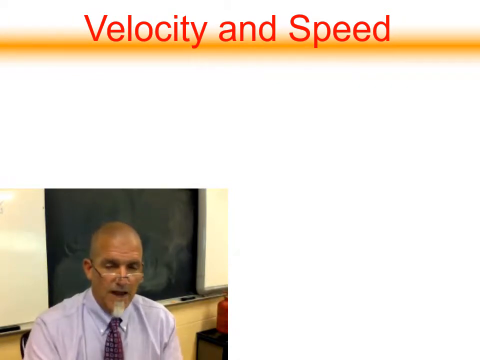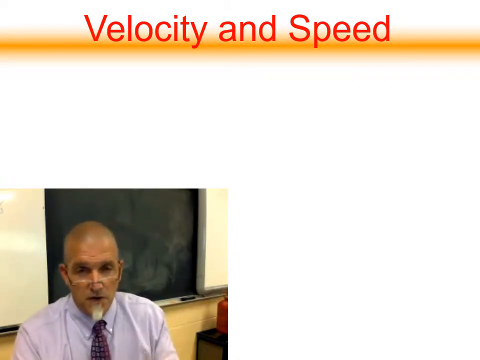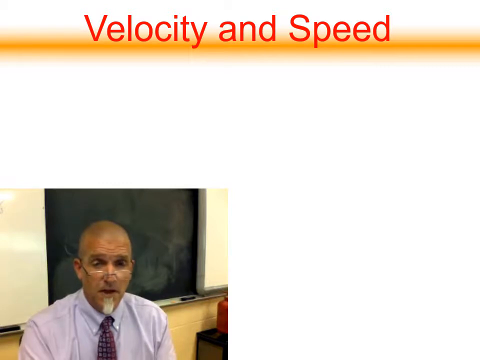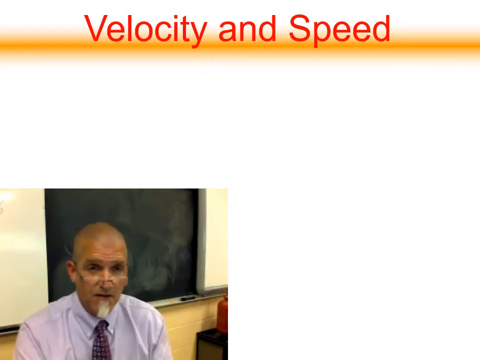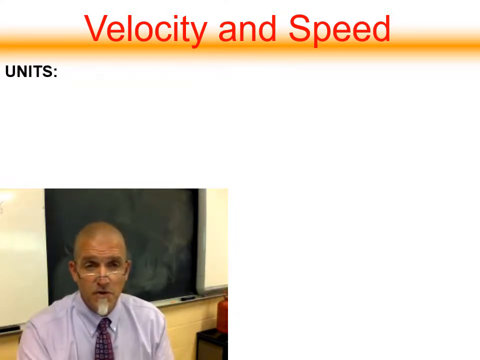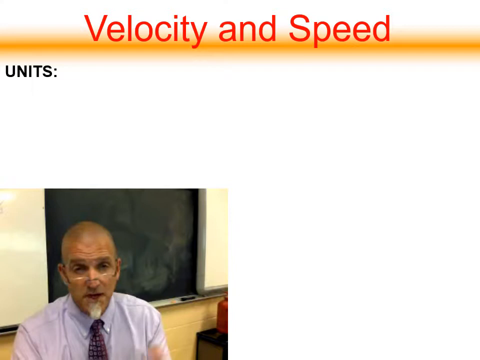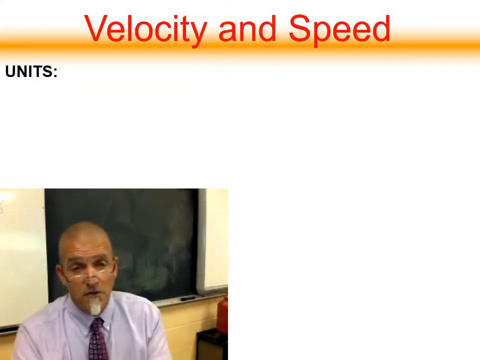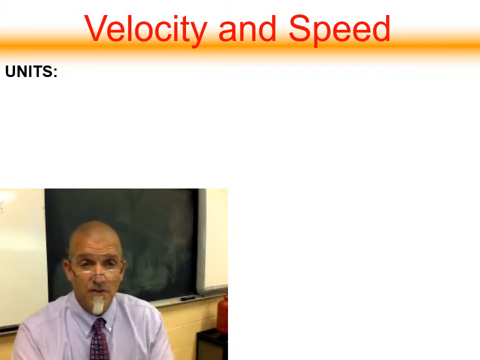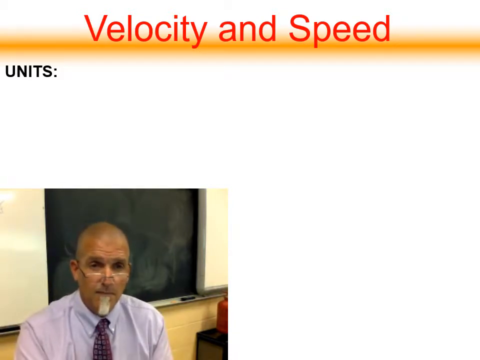Okay, now the last thing we need to talk about in this particular lesson is the idea of units. Whether we are measuring velocity or speed, whenever we measure anything in physics, we need to have units. We need to tell what it is we're measuring it in. What are the values that we're using to measure it? And it turns out they're the same, whether we're measuring speed or velocity. The units are exactly the same.